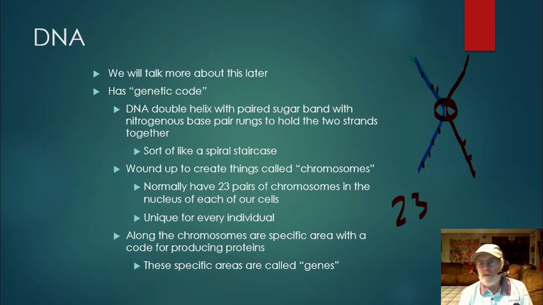In fact, what we find is that a lot of the diseases that we have have a relationship to an abnormal protein, like muscular dystrophy. In muscular dystrophy, there's a certain protein that should be made on the Y chromosome, the 23rd pair of chromosomes, because it only occurs in males.